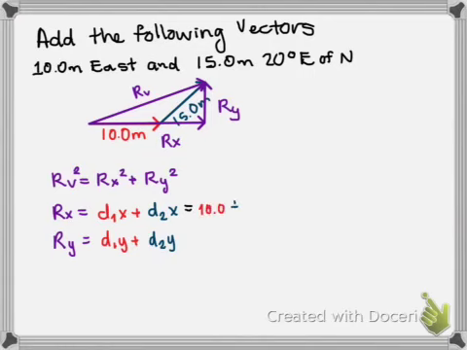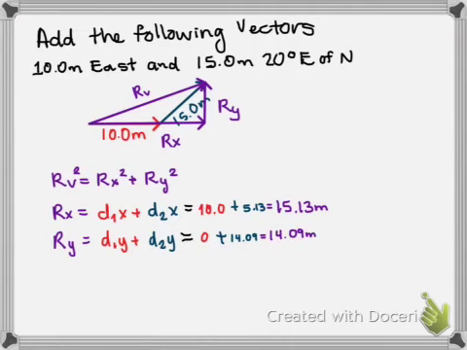So d1x is equal to 10, d2x is equal to 5.13, and when added together they are 15.13 meters. Now d1y is equal to 0 and d2y is equal to 14.09. So together they are 14.09.